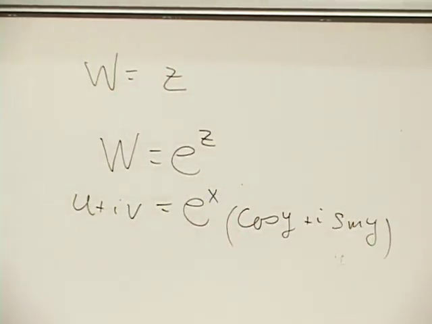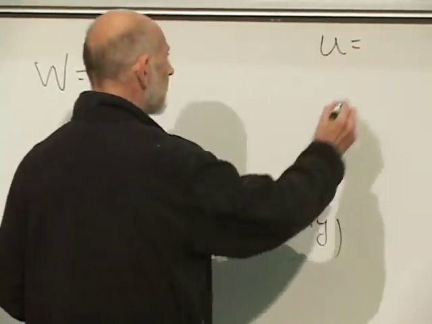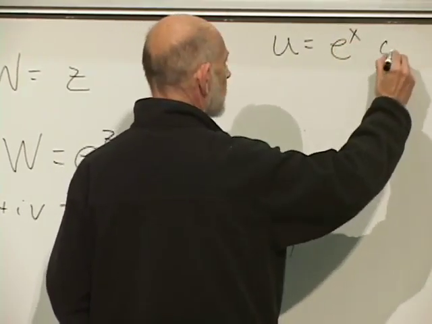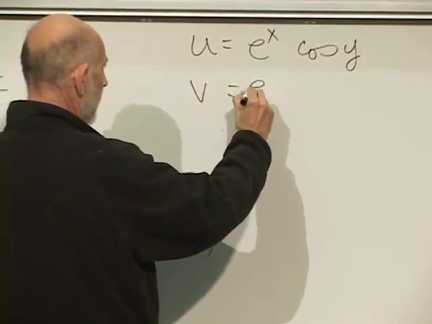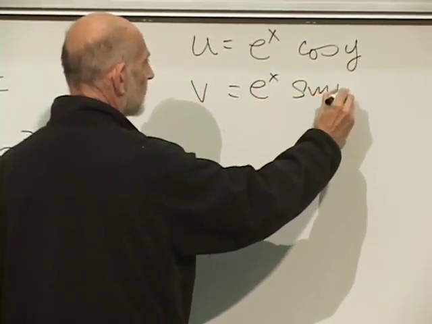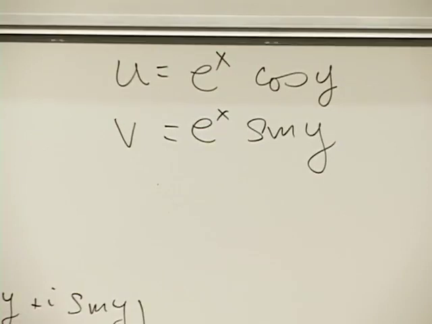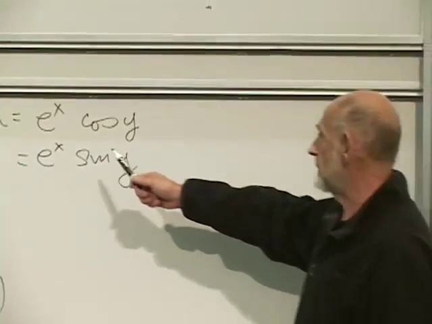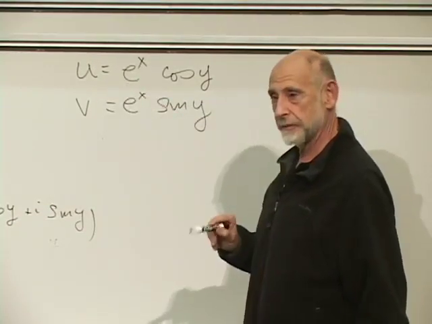Okay, so can you read off u from this? U is equal to e to the x times cosine y, and v is equal to e to the x times sine of y. Should we check the Cauchy-Riemann equations? Let's check them. What is du by dx? What happens when you differentiate e to the x with respect to x?